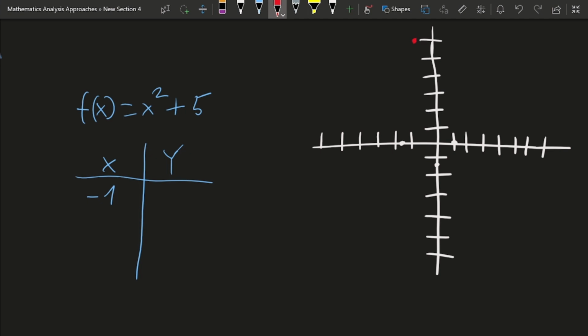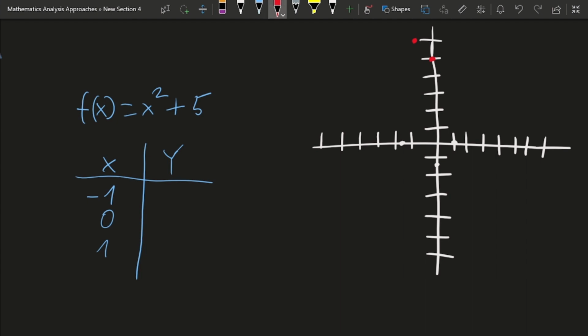Okay, so let's go to the next one. 0. 0 squared, that's just 0, plus 5, that's 5. So at 0, we are on 5. Okay, now let's go to 1. 1 squared, that's just 1, plus 5, that's 6.